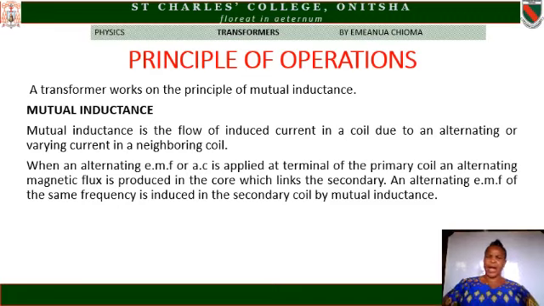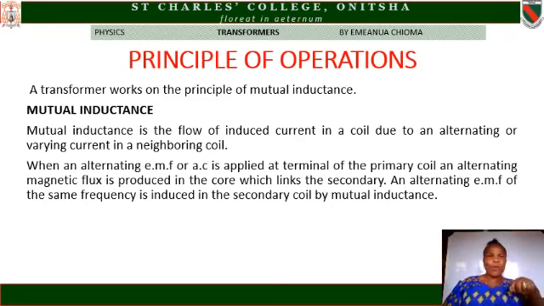Yes, when an alternating EMF or current is applied at the terminal of the primary coil, an alternating magnetic flux is produced in the core. Because the core links the primary to the secondary, an EMF is induced in the secondary. This EMF that is induced in the secondary depends on the number of turns in the secondary.